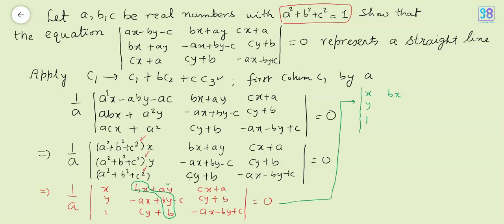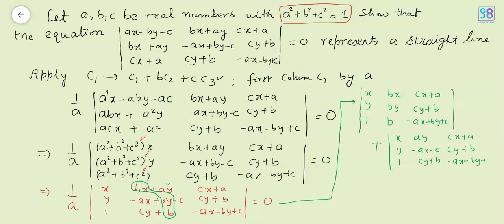So I'll write bx over here, then by, and then b over here, and this will be just cx plus a, cy plus b, and minus ax minus by plus c, plus the second determinant which will be formed by everything else. So we write x, y and 1, then we get ay minus ax minus c, cy plus b, and cx plus a, cy plus b minus ax minus by plus c, and this is equal to 0.